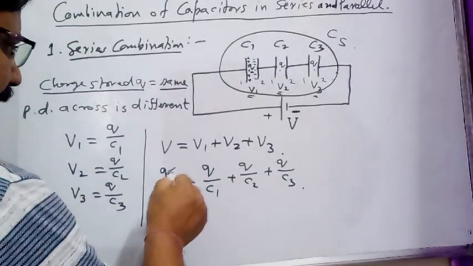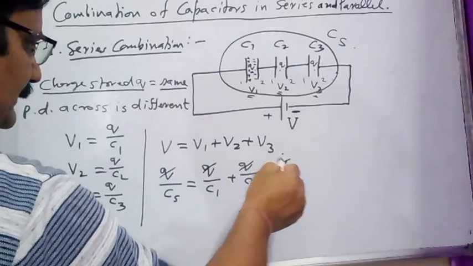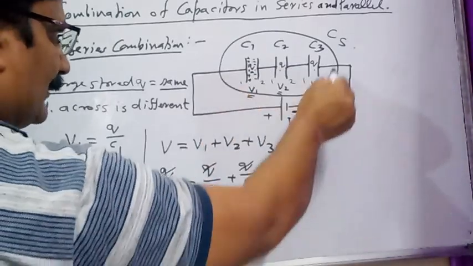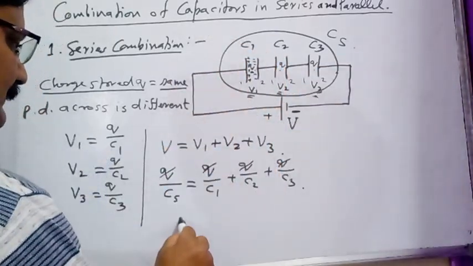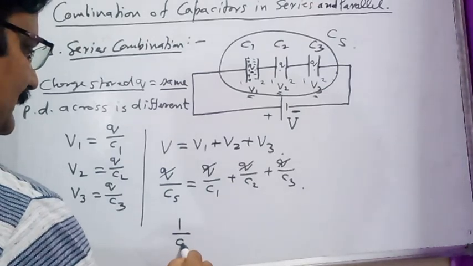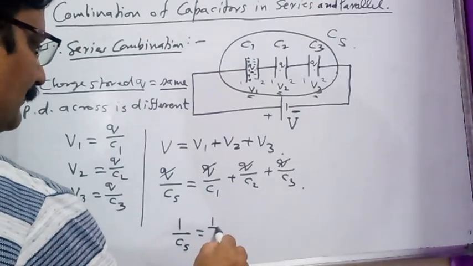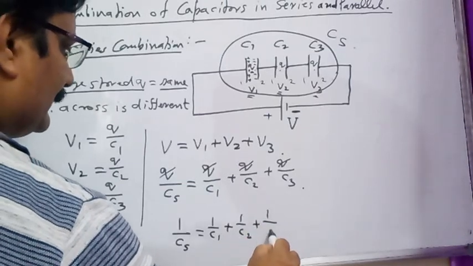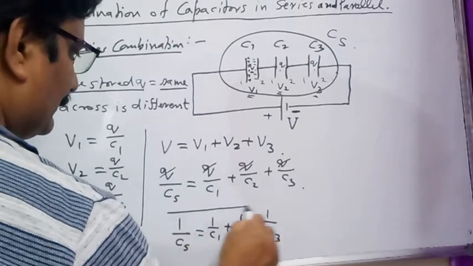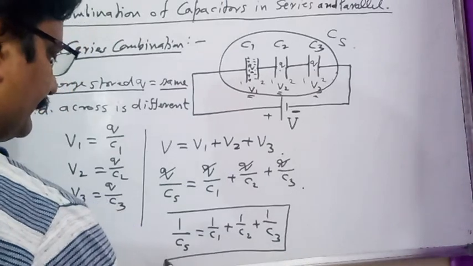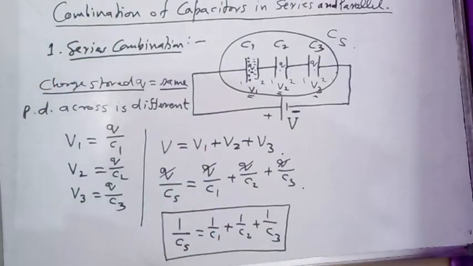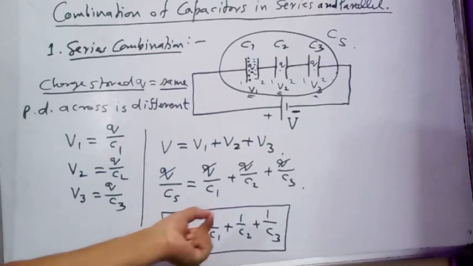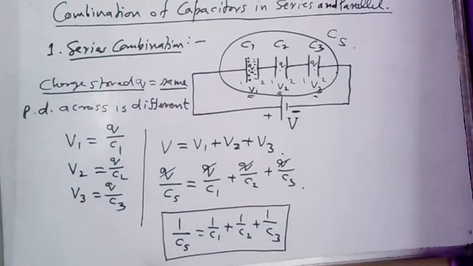Q being common, charge cancels out, and the formula for the equivalent capacitance CS is, reciprocal of that, 1 by CS equals 1 by C1 plus 1 by C2 plus 1 by C3. So using this formula we can calculate the equivalent capacitance in series combination of the capacitors.